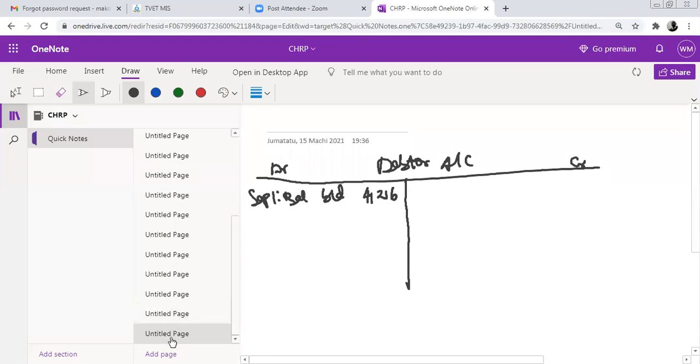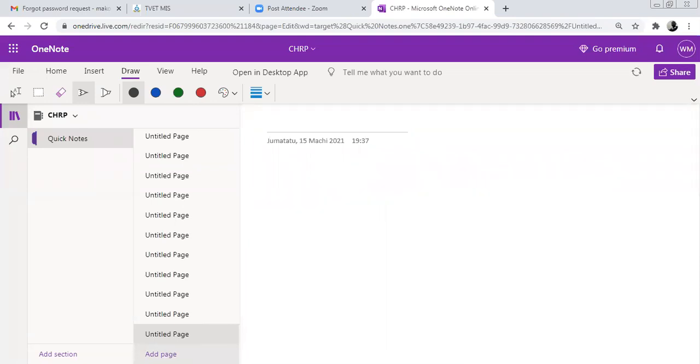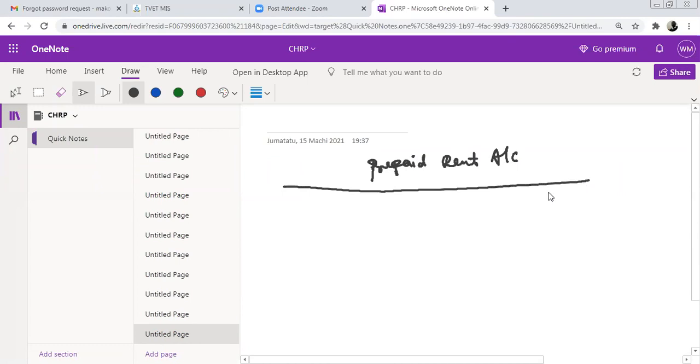Then open another account called prepaid rent. This is an asset. You write September 1, balance brought down, the opening balance is 11,605. All the assets have been captured.